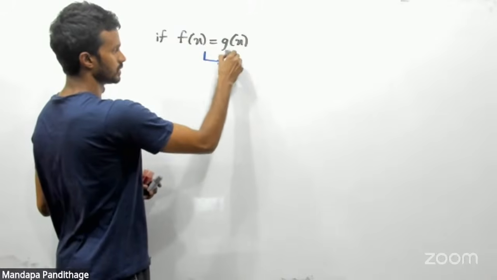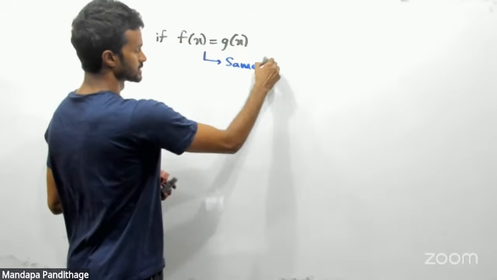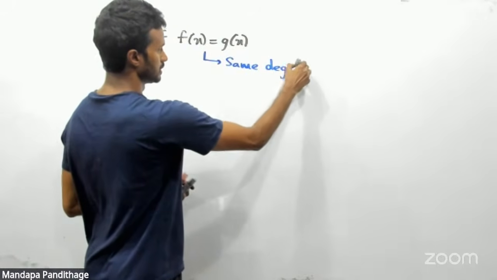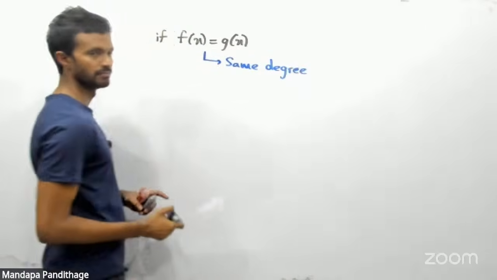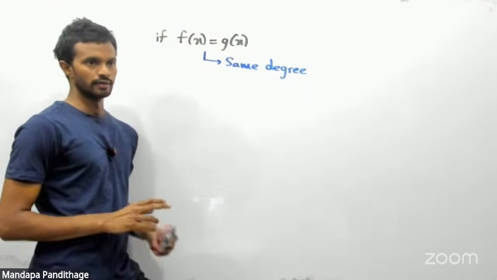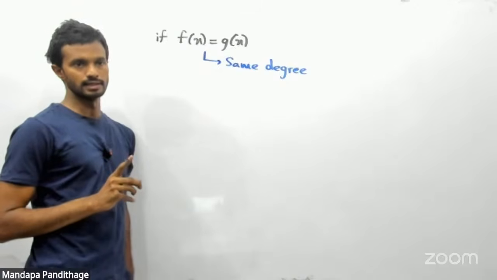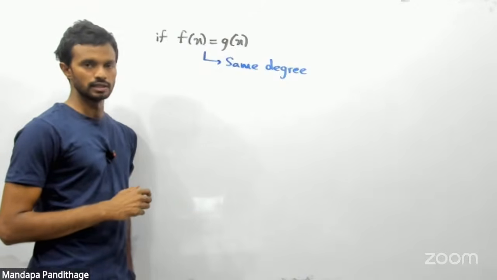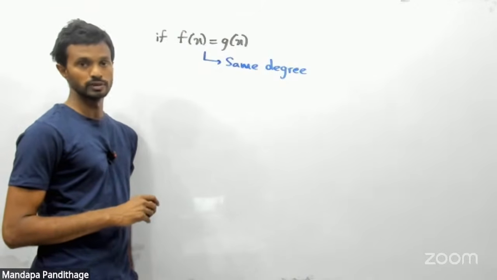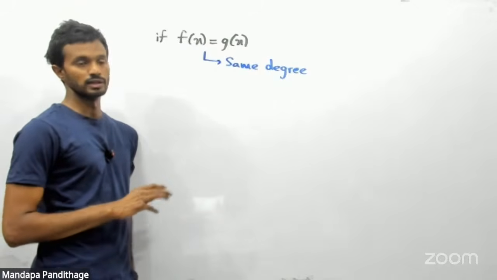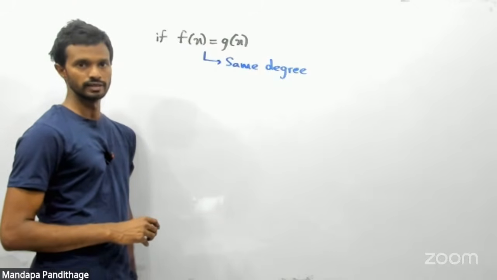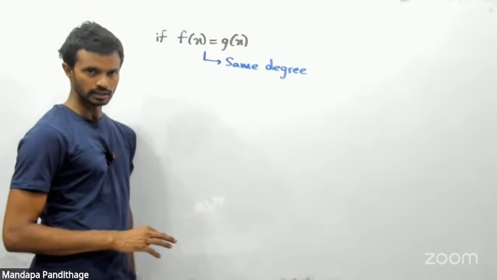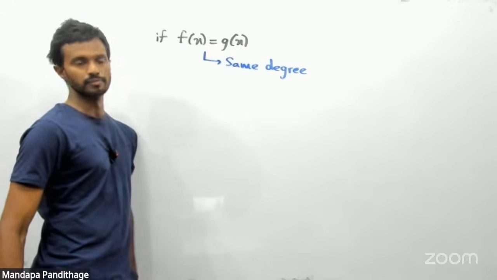That is the first requirement. Both fx and gx have the same degree because they should be in the same category. The first thing that should be satisfied in the equality of polynomials is that the two polynomials should have the same degree.